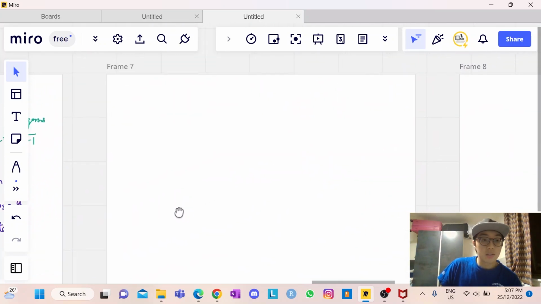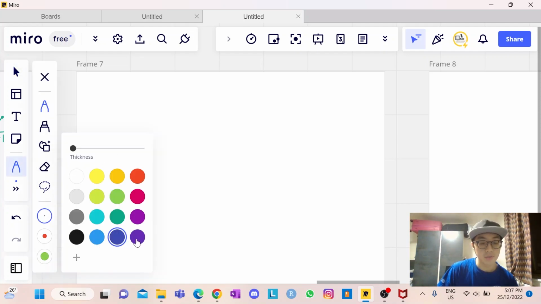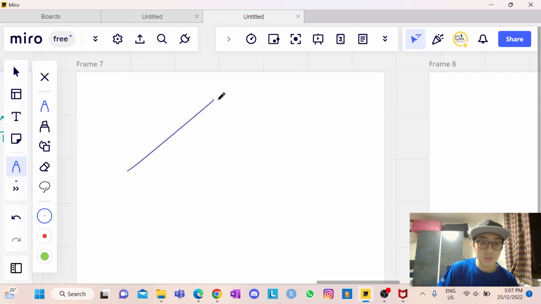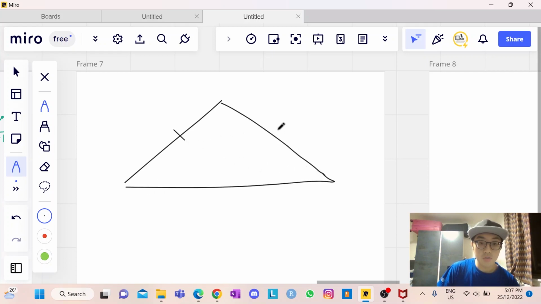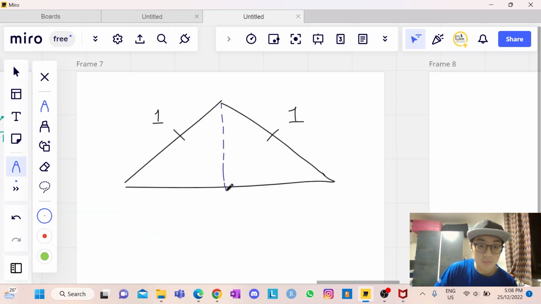And next, this last triangle right here is going to be an isosceles triangle, where these two sides have the same length. I'll just name them 1 and 1. If I draw a line in the middle, I will break this into half.